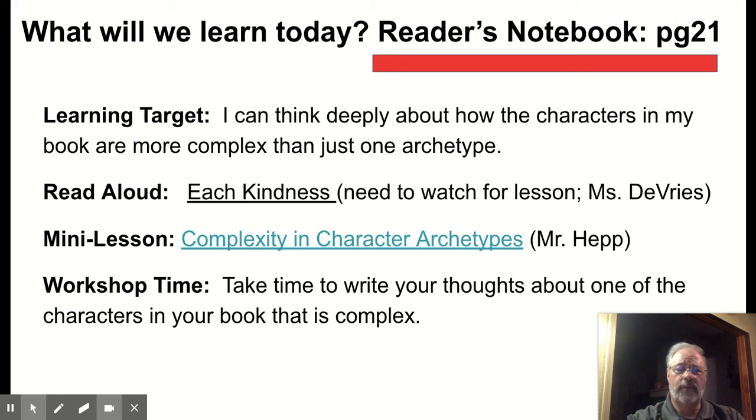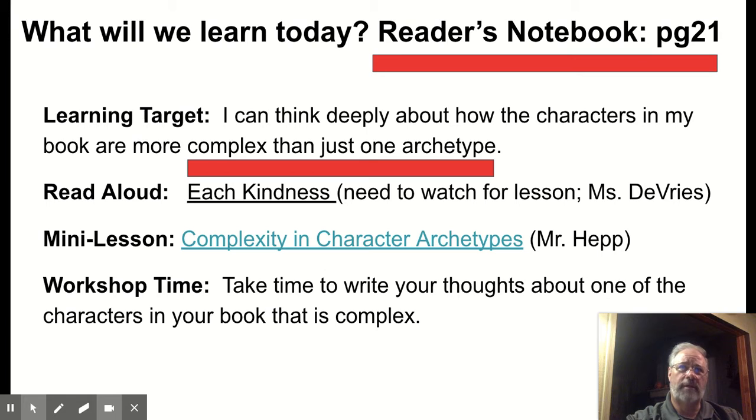Today, on page 21, we're going to build upon what we had on Friday. We introduced 12 archetypes that your characters in your books can fall into. And we went through each of the archetypes and then picked 2 characters and filled them out in our reading notebook on page 20 about what type of archetype they are. Today, we're going to expand on that.